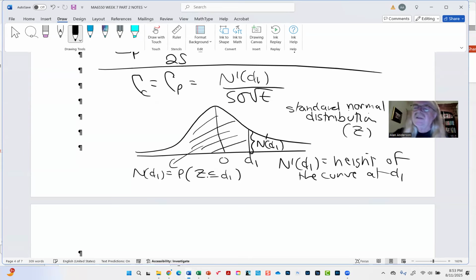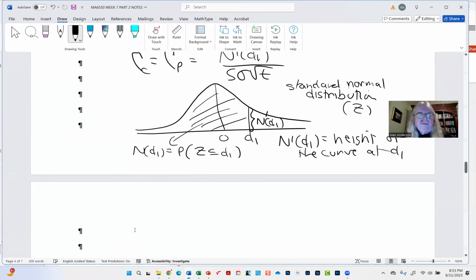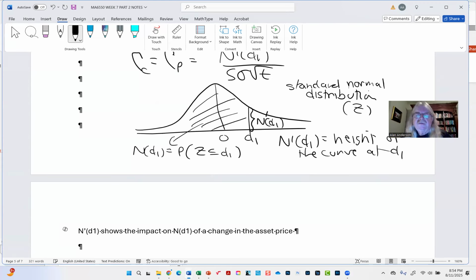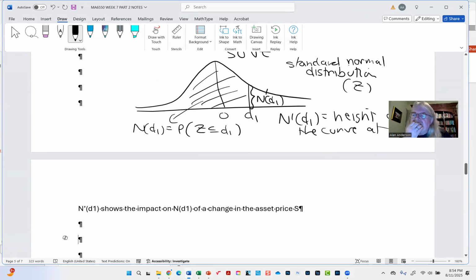And so you can think of it as the marginal change. It shows the impact on N(D1) of a change in asset price S. In other words, it's D1, but only indirectly through the value.